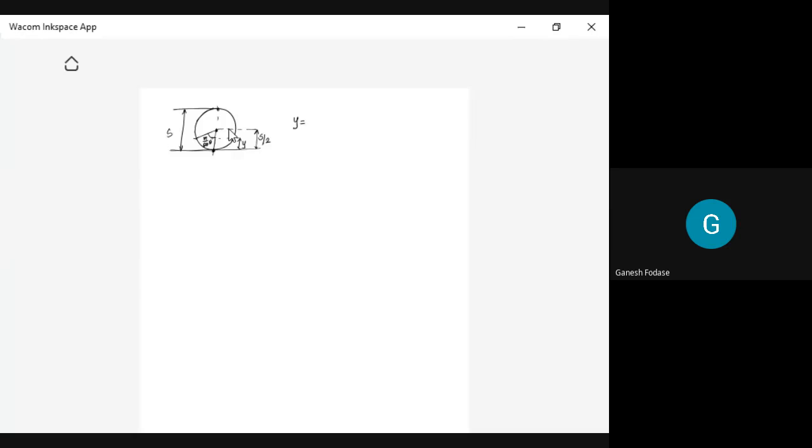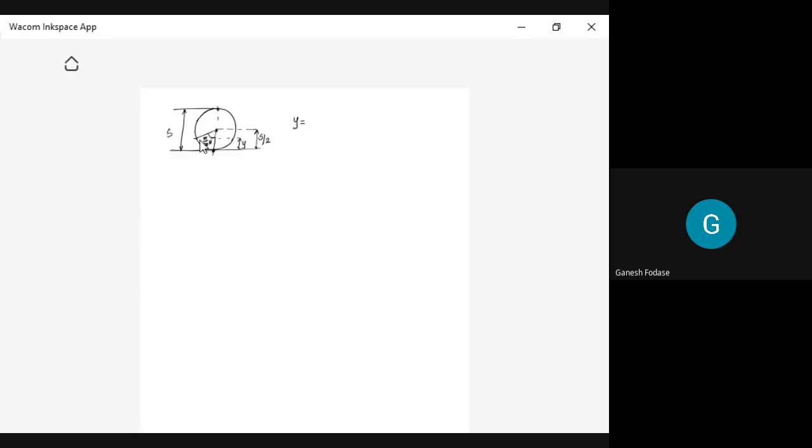Can anyone tell me the equation for y from the geometry in terms of displacement and that angle? It is very simple. Yes: S by 2 minus S by 2 cos of pi theta by theta O. Good, Nilesh.